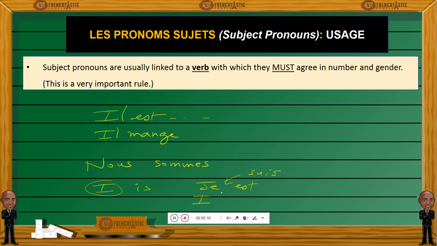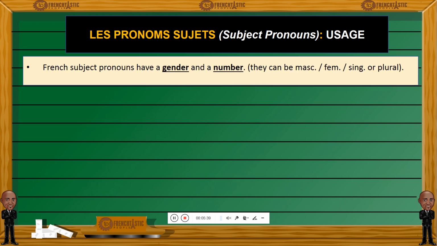Il est, he is, etc. So, subject pronouns and verbs should agree. This is a very important rule, and they should agree in number and gender. We will see more about the topic of number and gender in a subsequent lesson, so stay tuned for that one.